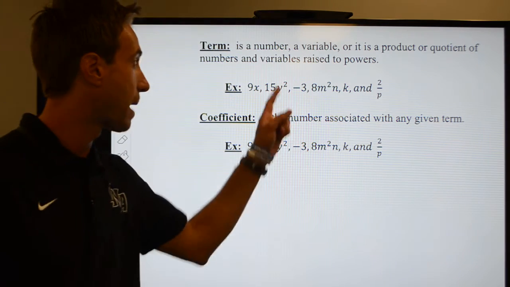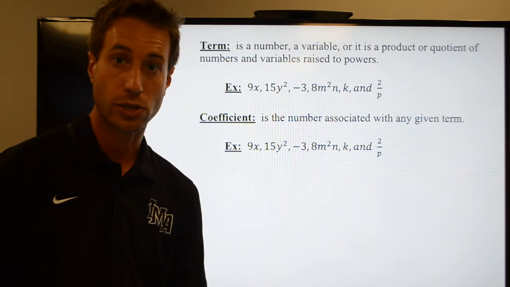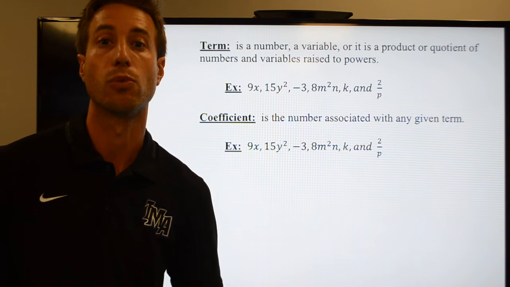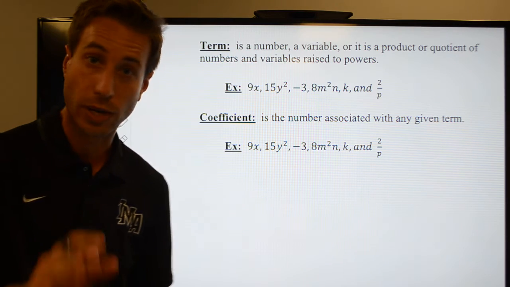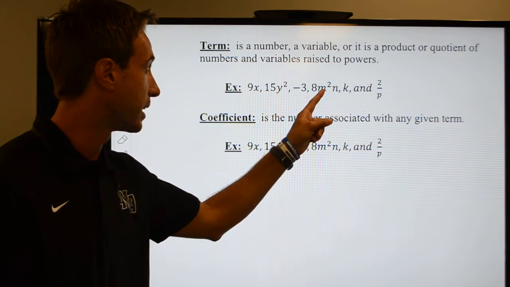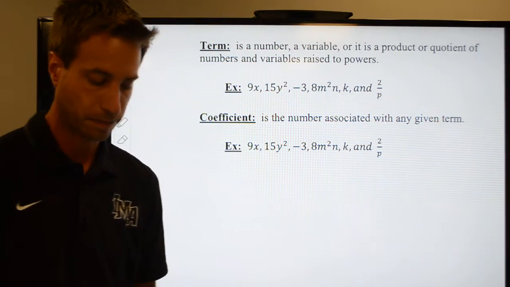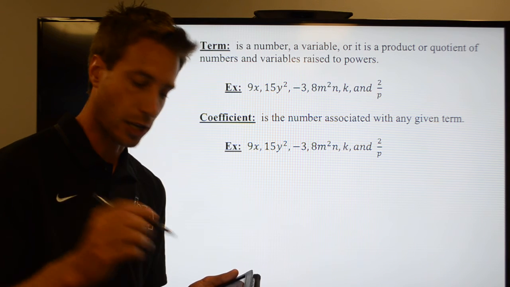Of course, it can have powers in it, multiplication and division, but no addition and subtraction. If you have addition and subtraction, you're going to have more than one term. Addition and subtraction will separate terms. So you can only have multiplication like we have here and here and here, or division like we have here with the 2p.